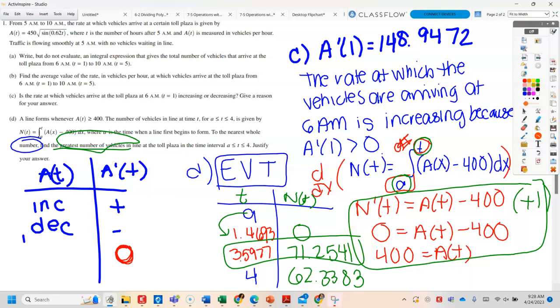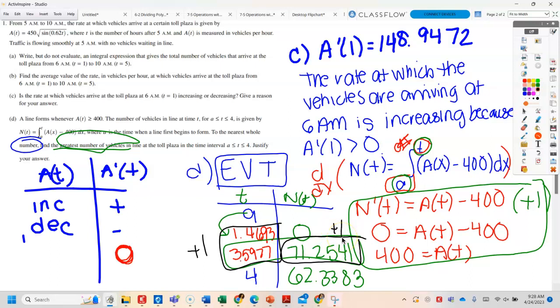So your second point came from finding the two red numbers. Your third point comes from getting this 71. But again, remember it said whole number.